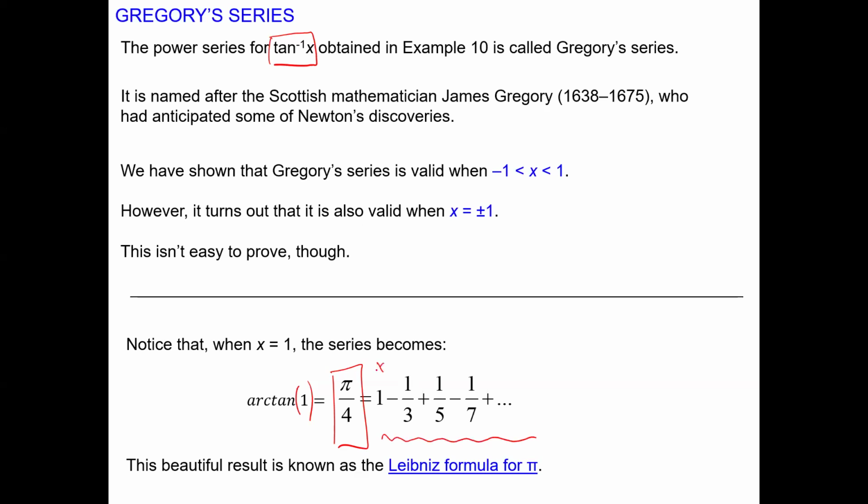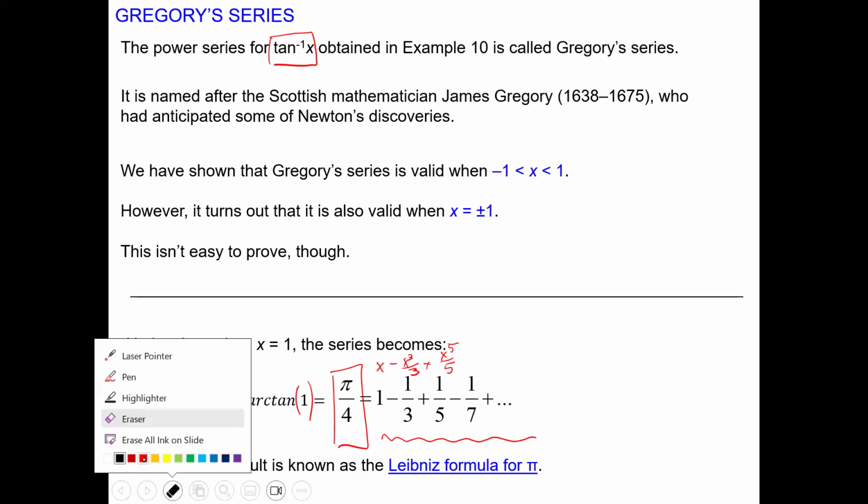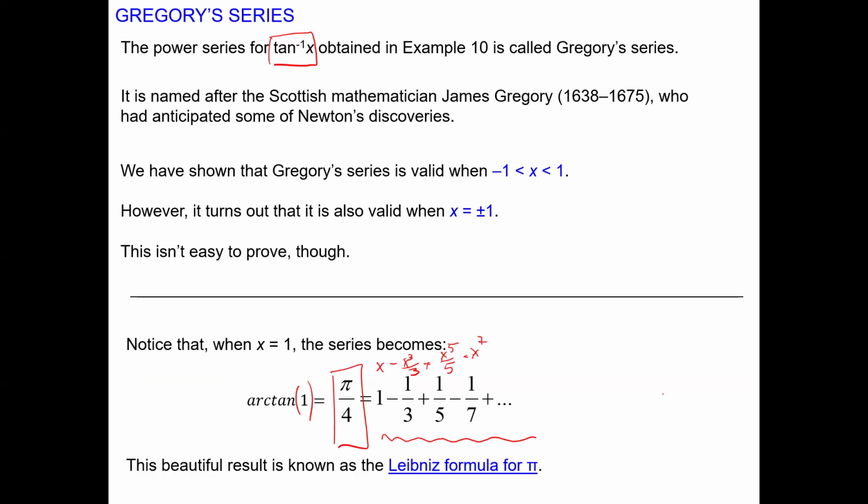We remember it was x, then x cubed over 3, then x to the power of 5 over 5, and then minus x to the power of 7 over 7, and so on. If x is 1, we have 1/3, 1/5, 1/7. That means this is the approximation.